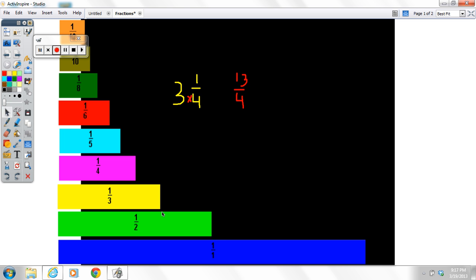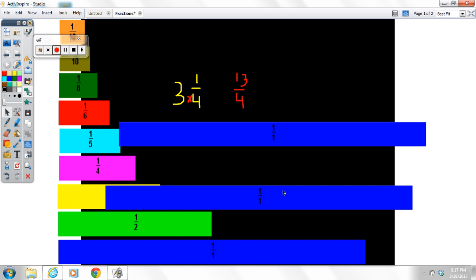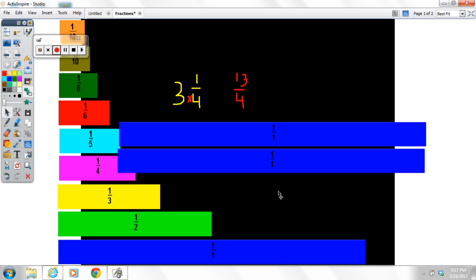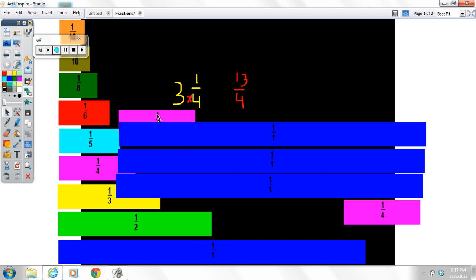Well, if I have 3 whole bars and I have 1/4, well, all I would do is I would take these fourths pieces and replace each one of these whole bars with fourths pieces. I would know that if I have 4/4 here, it would replace that 1 whole bar.